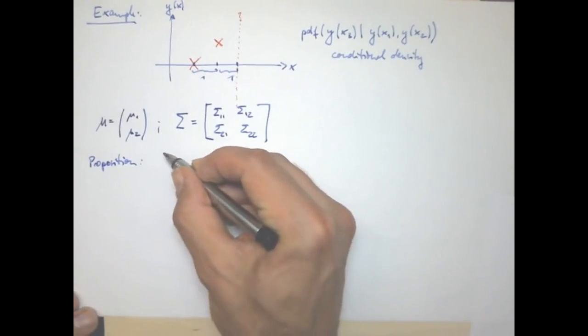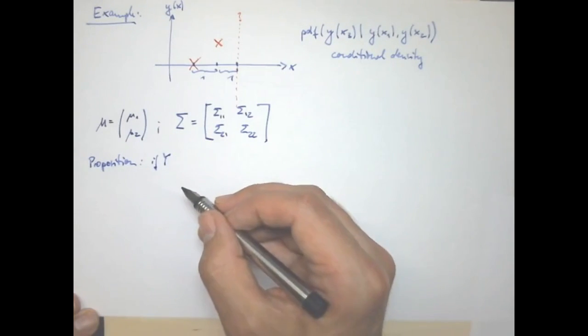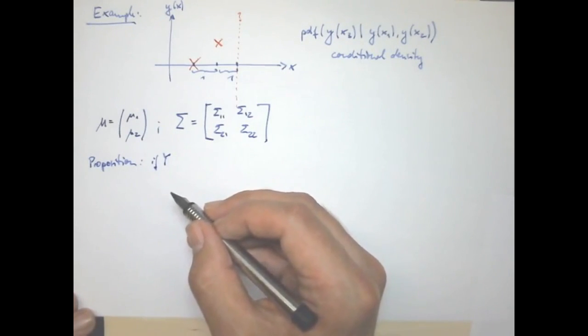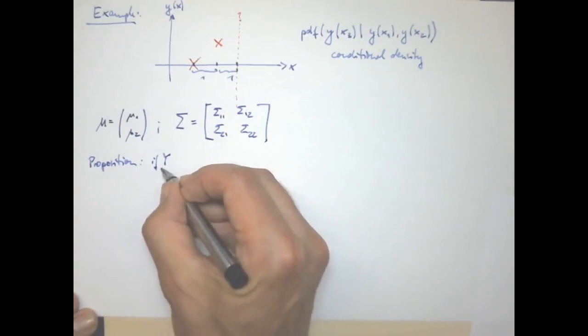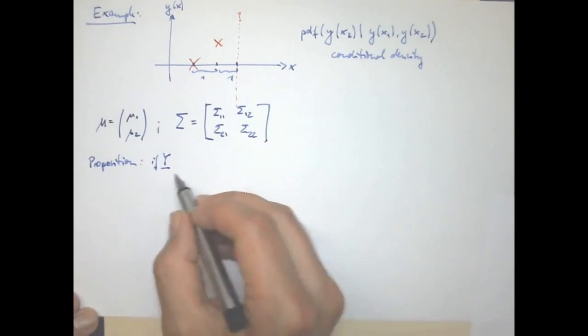The proposition is that if we have a random vector, so we used capital letters already for matrices, so I'm now underlining it to say this is a random variable.